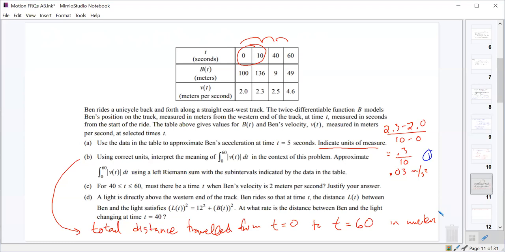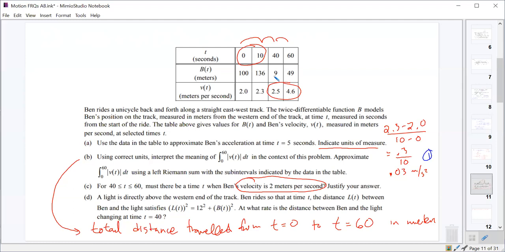One, since they're talking about velocity, we could just see, using the intermediate value theorem, if the velocity starts below 2 and goes to above 2 on that interval, or vice versa. So that's the first thing we should check, is intermediate value theorem on the velocity. So looking here, from 40 to 60, is it guaranteed to go through 2? No, not by the intermediate value theorem, right?